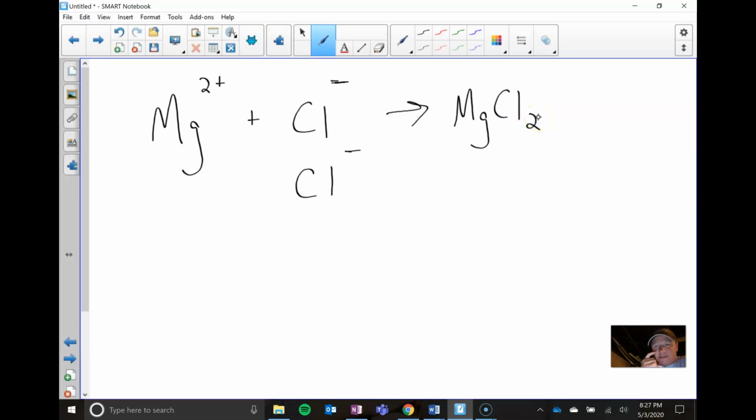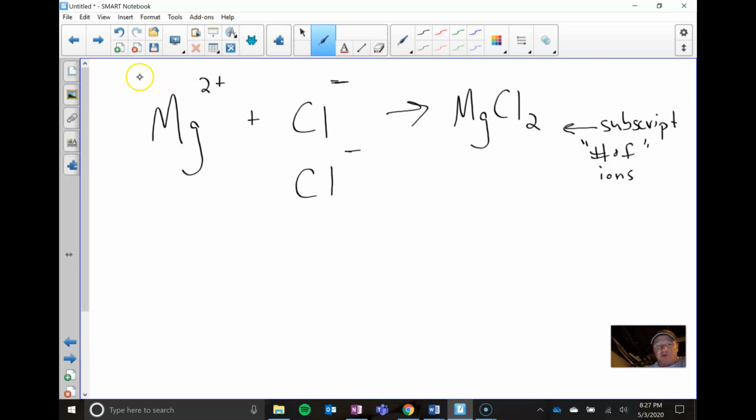It's MgCl2. This little 2 is what we call a subscript. Sub means below, so a subscript is a little number written below, and it tells the number of atoms, or in this case ions, the number of ions.